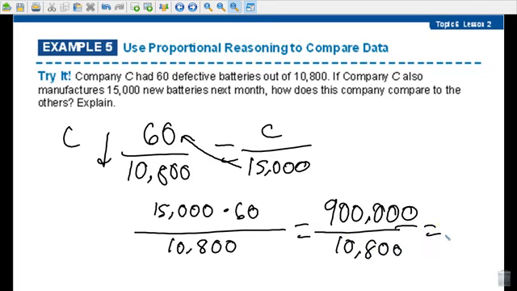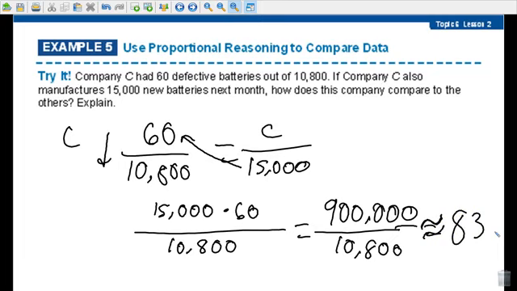And when we divide those, we get approximately 83 defective batteries. Okay?